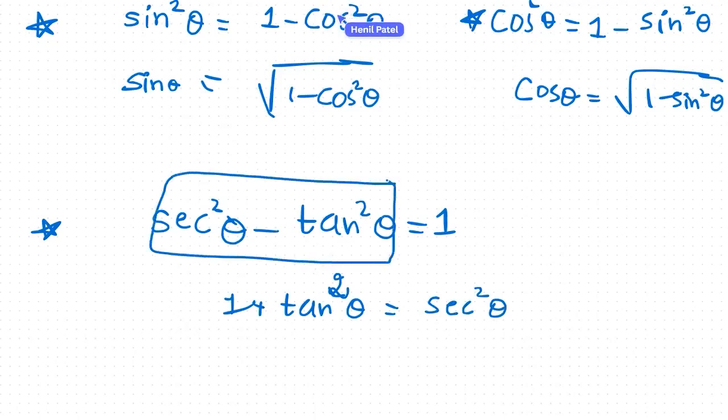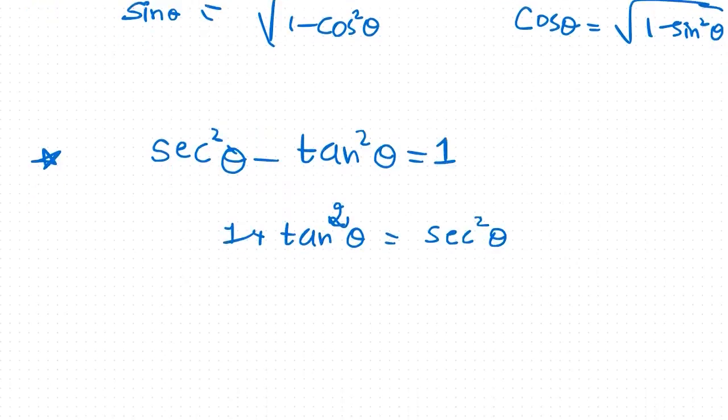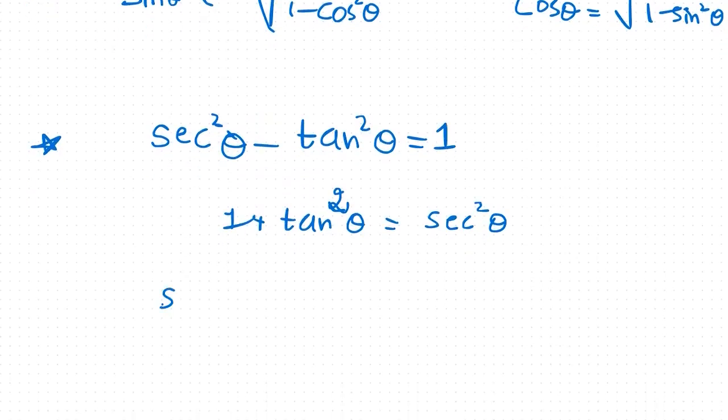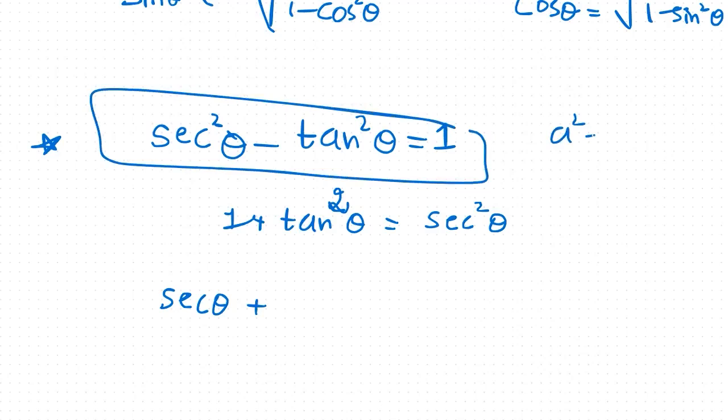This is a difference of squares, something square minus something square. So how can I write the factored form? If a square minus b square, the formula is a plus b times a minus b, sum into difference.